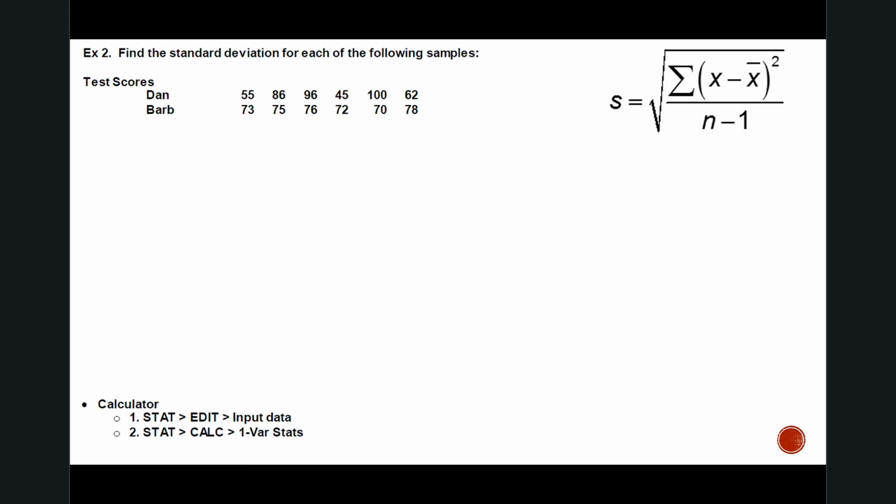Okay. Then you're going to go second quit. You go to stat, go over to calc, and hit one variable statistics. Everything's in L1, so we don't need to specify L1. If we did, you would need to do something there. But let's hit enter here. Notice it gives us some different pieces of information.